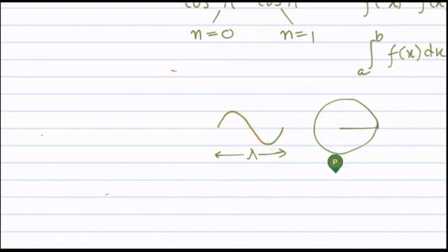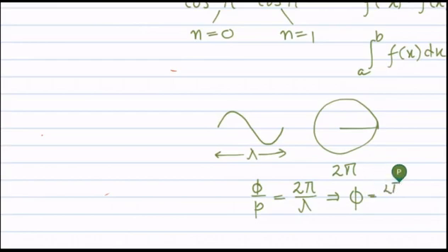So if I have to write the ratio of phi and the path difference: how much is the total angle moved? It is 2 pi. And how much path difference has it covered in this 2 pi angle? It has covered lambda. So from here you can also write angle phi as 2 pi by lambda multiplied by p.